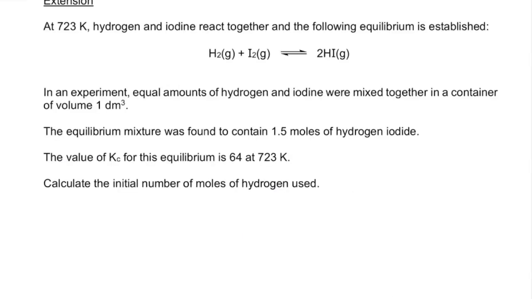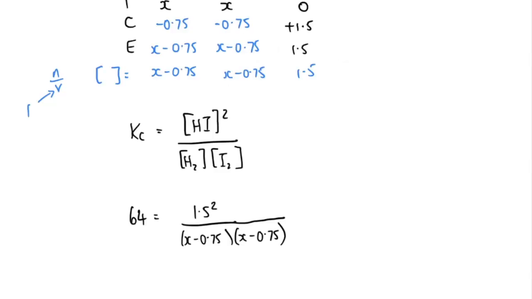Now there's one final extension question there for you to have a go at, and maybe if you pause the video and come back and look, this is beyond the level at A level, but it is a good little challenge for those of you wanting to go a step further. So you might have got this far.